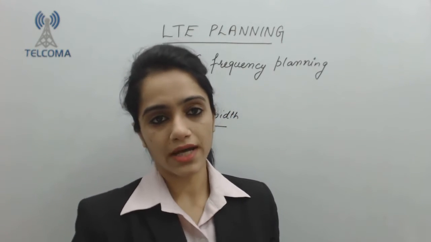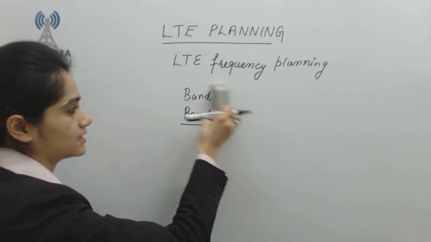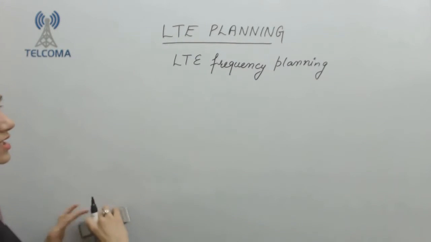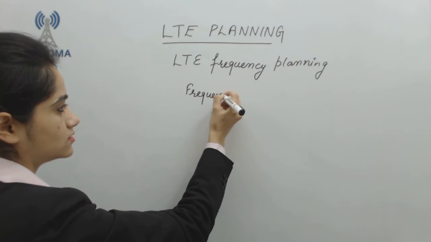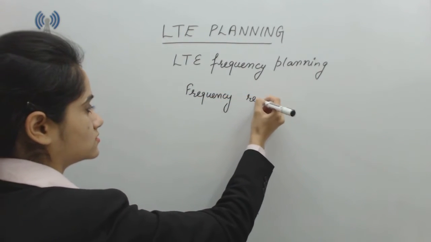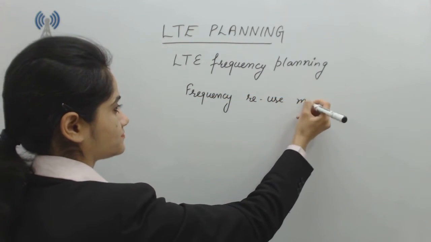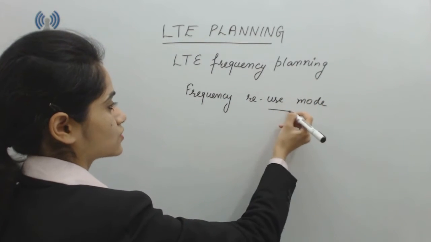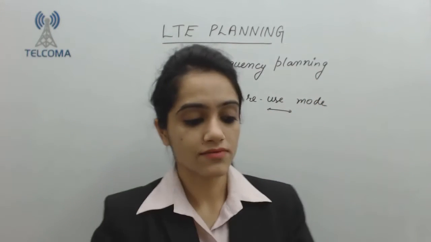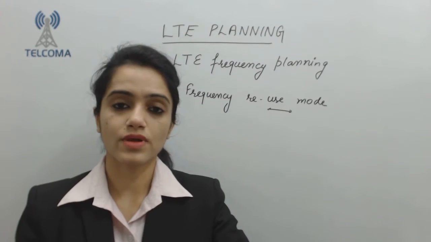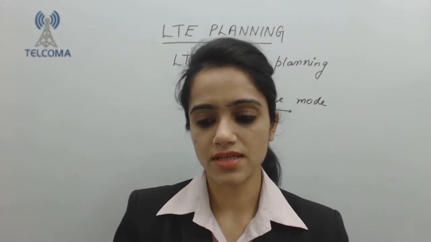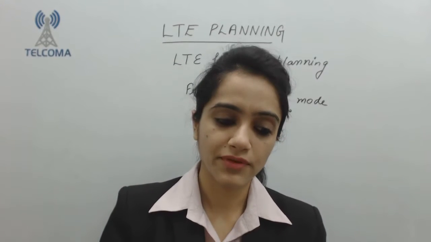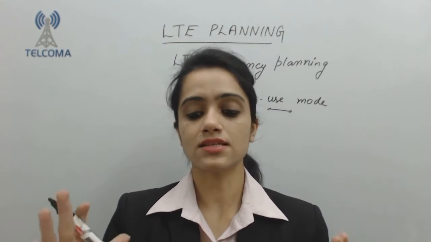We require a mode in this, and that mode is the frequency reuse mode. For reusing the frequency, which is a main factor, as frequency is a limited resource, we need to plan frequencies accordingly so that minimum frequencies can be utilized best.